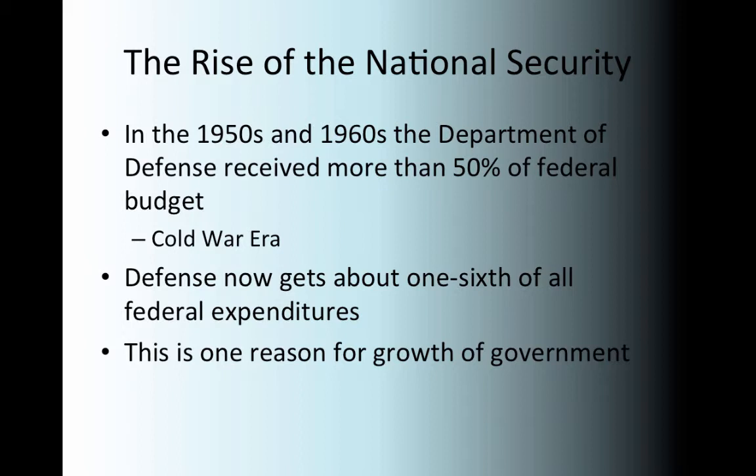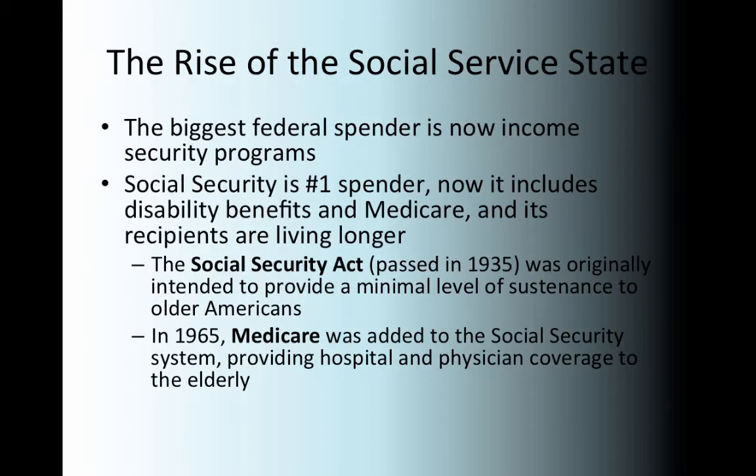For example, in 2001, we added a new cabinet position, the Department of Homeland Security, and obviously that is going to cost money. We have to pay people, so staffing, and all the money that goes there is now adding to the budget.